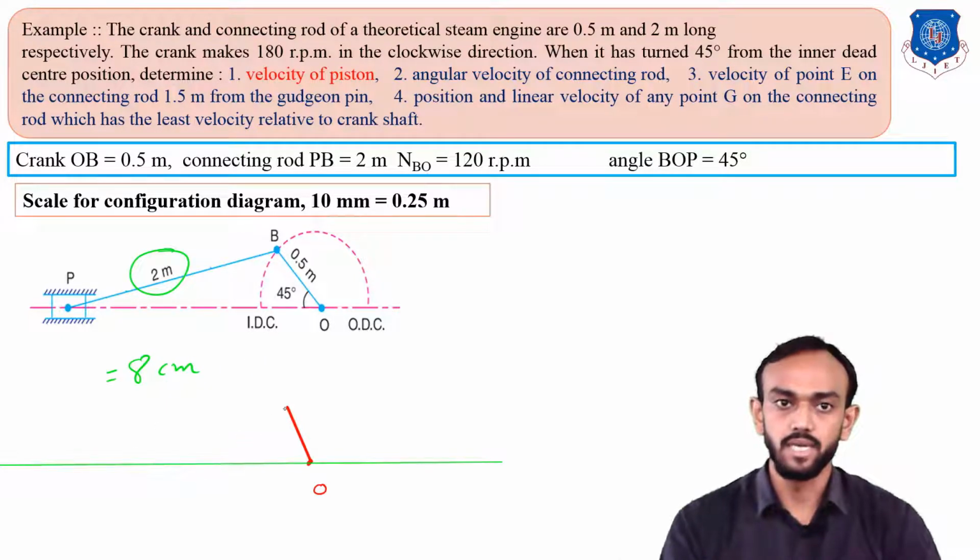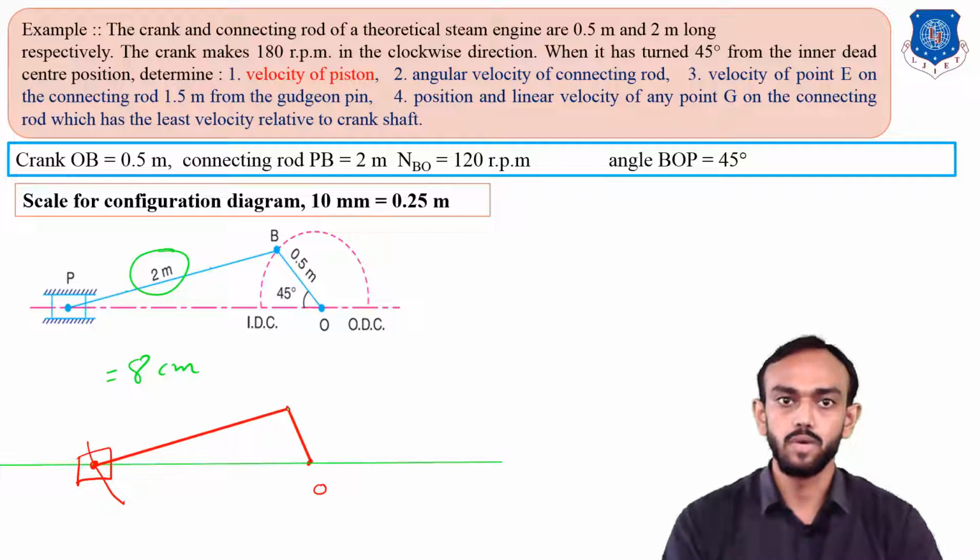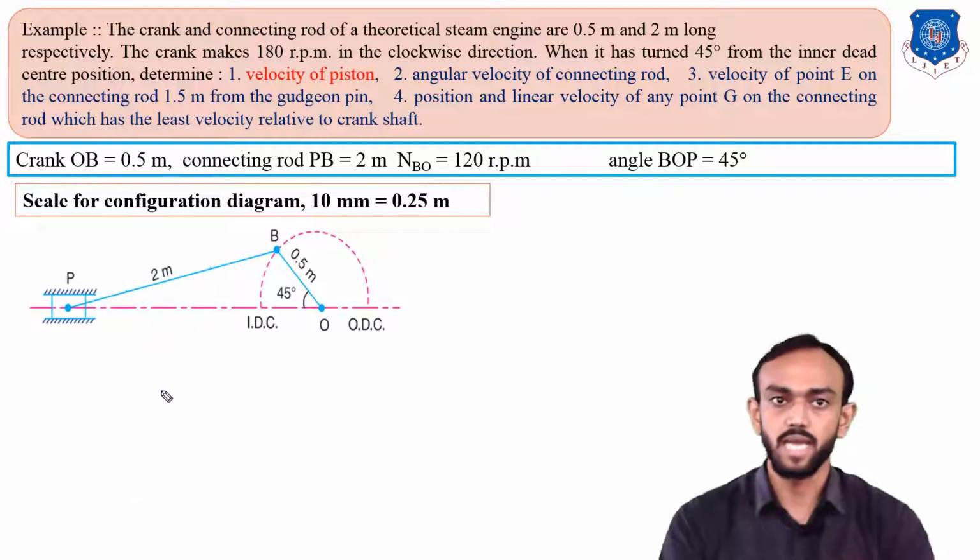You will take a compass and make an arc here, and wherever this arc intersects at some point, that intersecting point will be the position of the piston or slider. You will connect that to the end of the crank and you will get point B, and this piston is P, and you can draw the cylinder like this. So you will get this space diagram.